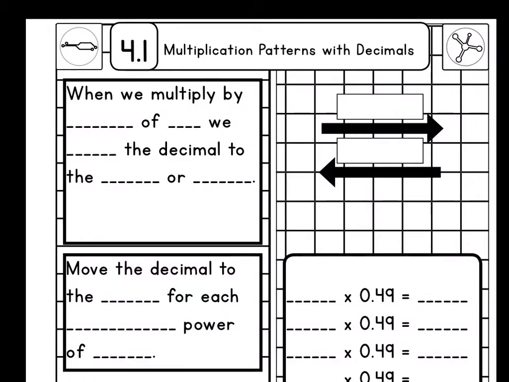Okay, class, you should have your notebook open right now, and right now we are looking at 4.1 multiplication patterns with decimals.